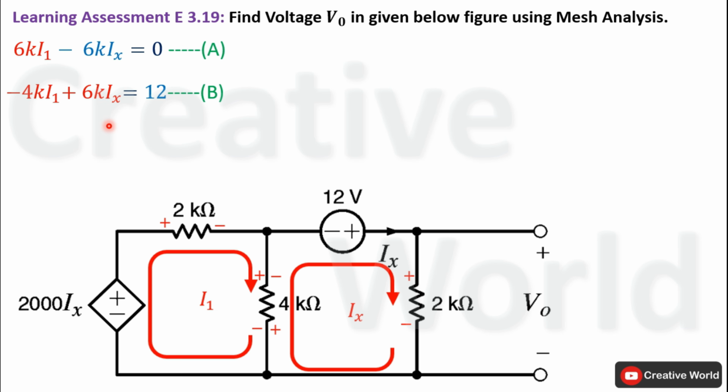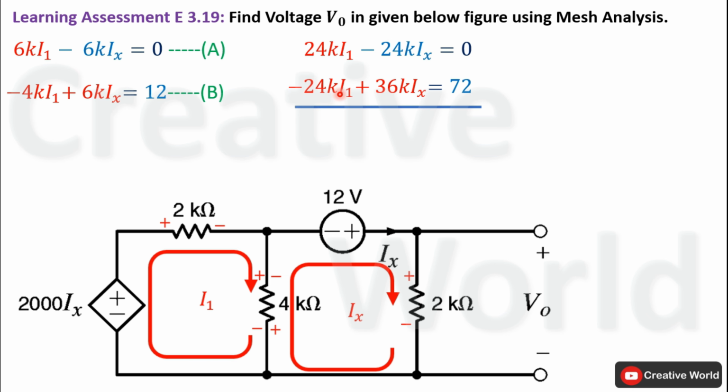For that purpose we will multiply equation A with 4. The equation will become 24k I1 minus 24k Ix is equal to 0, and equation B will be multiplied with 6. So equation will become minus 24k I1 plus 36k Ix is equal to 72. Now add these two equations together.